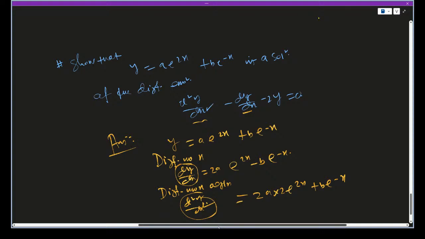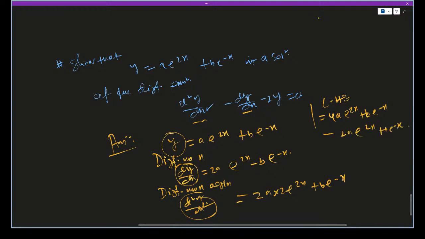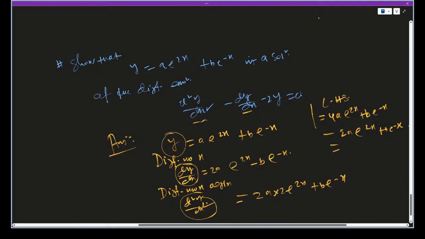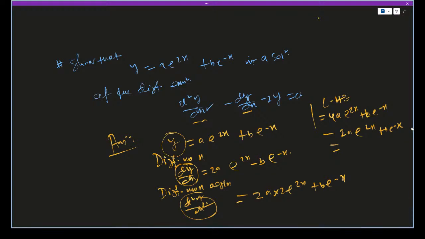LHS is what? We got d square y by dx square, plus b to the power minus x, minus dy by dx, this value, and minus 2y, that also you have to put.